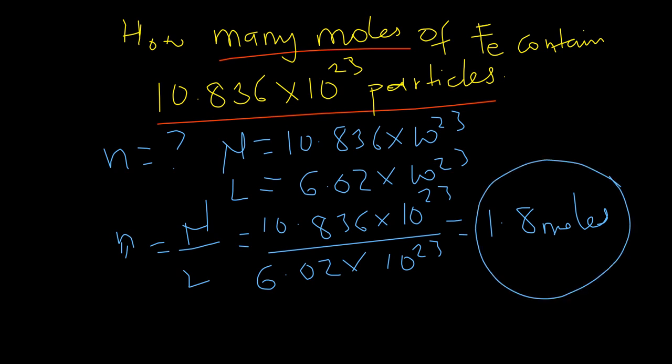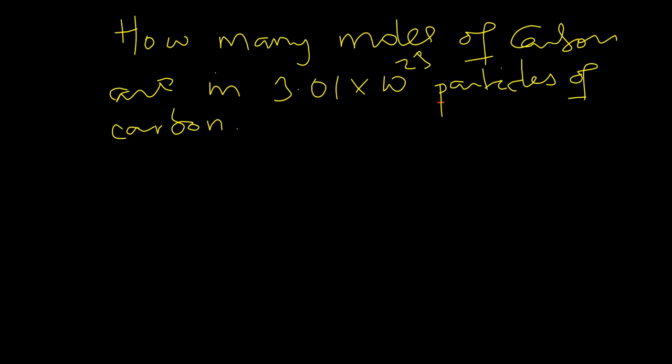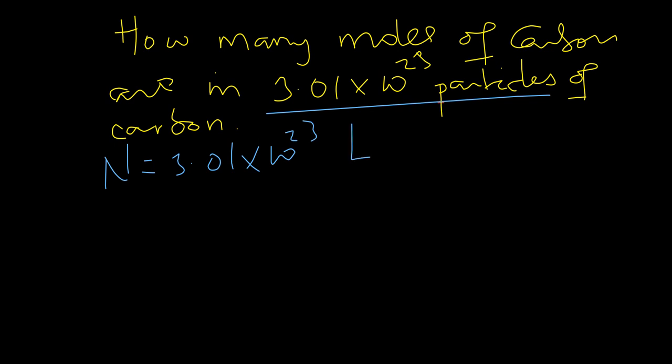Let's look at another example. Here you've been asked to calculate how many moles of carbon are in this particle. You've been given the number of particles to be 3.01 times 10 exponent 23. Avogadro's number is constant, it's always 6.02 times 10 exponent 23. That's what you're going to use for your calculation.